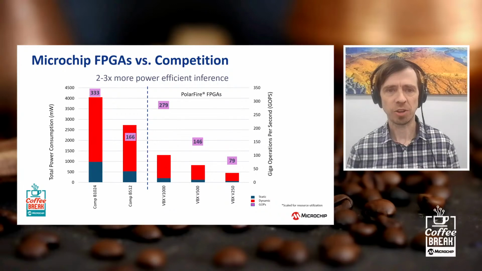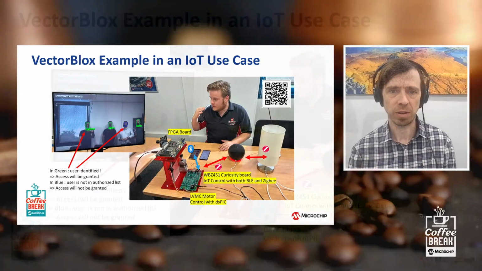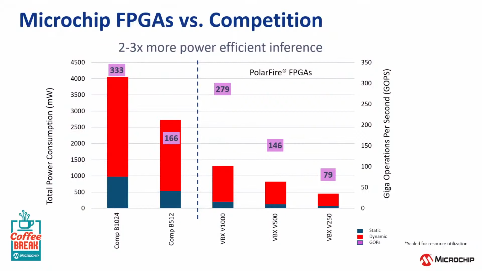Okay. Talking about power budgets, they can be tight anywhere, but particularly in IoT applications, they may be especially tight. So how do the PolarFire FPGAs compare to other options available on the market? Yeah, this chart goes over a pretty good comparison, I think. The first two bars on the left are a competitor FPGA, and the right three bars are PolarFire FPGAs.